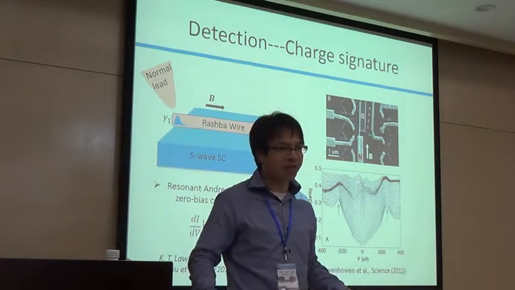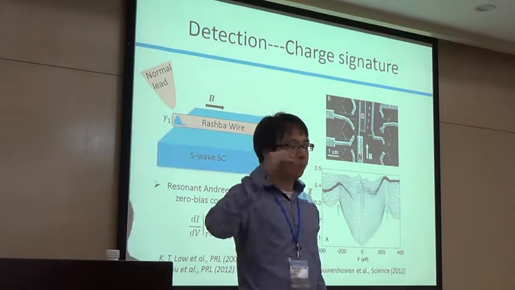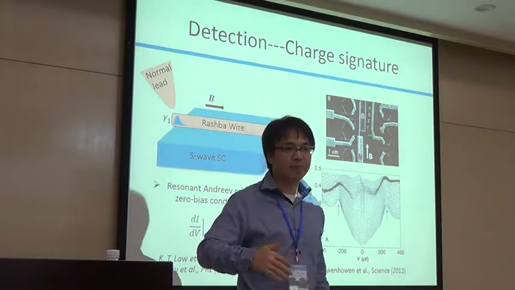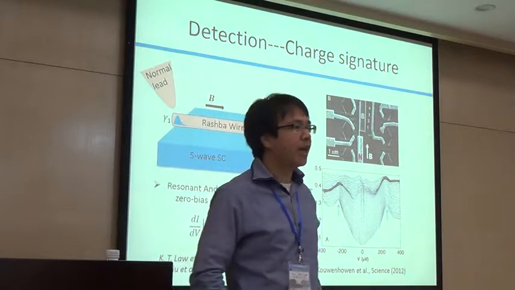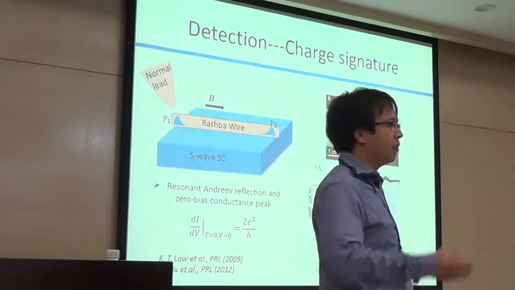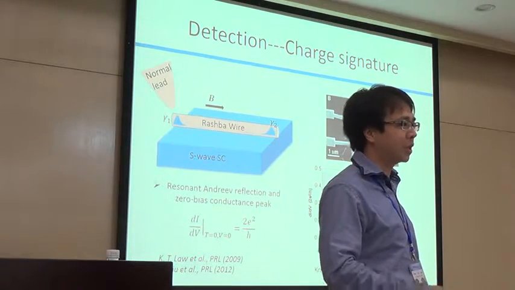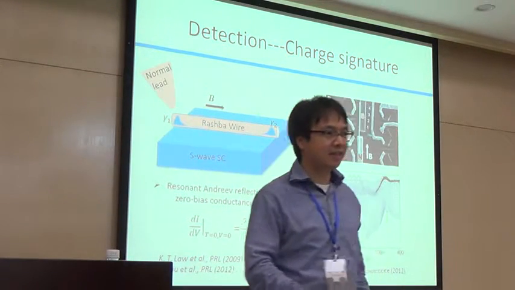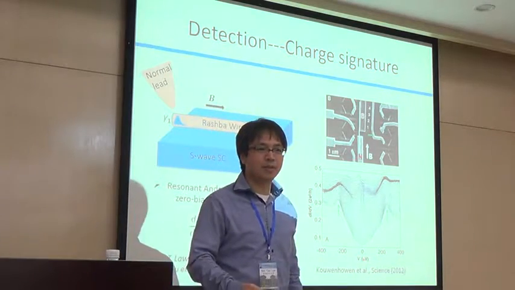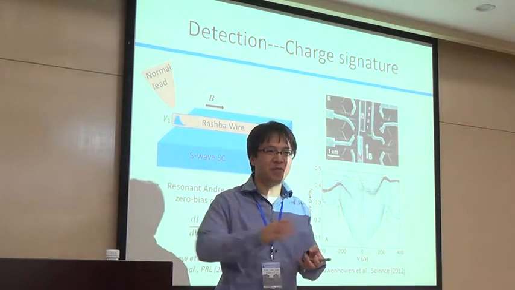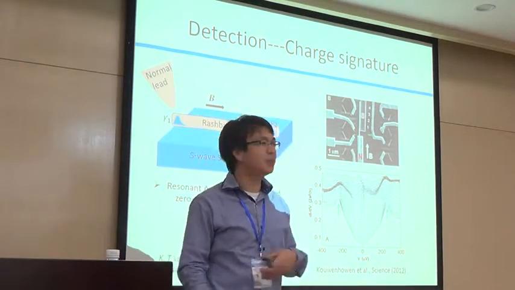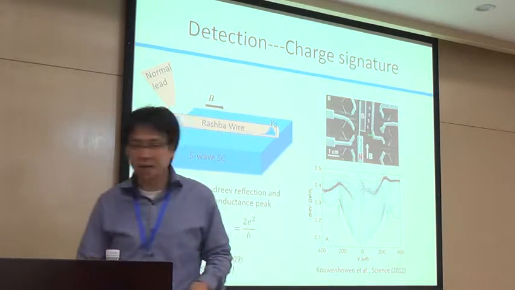That's the maximum conductance you can have. But you may ask the question, can I obtain a very high spin polarized current, with very low resistance and very high conductance? The answer is actually yes.